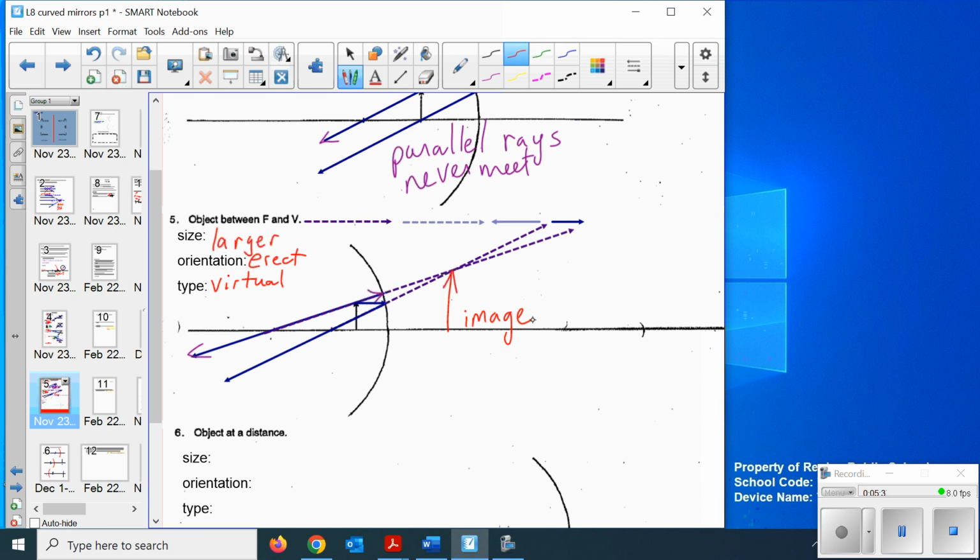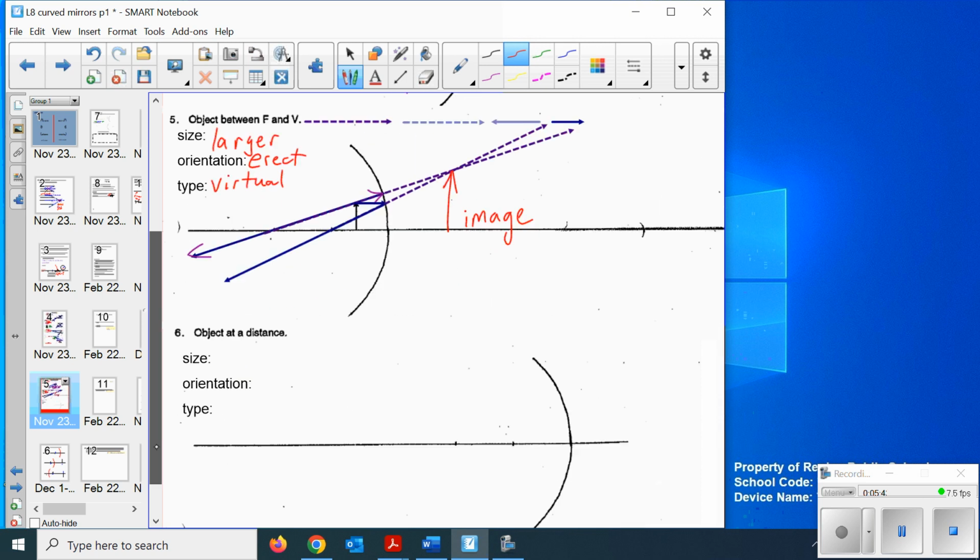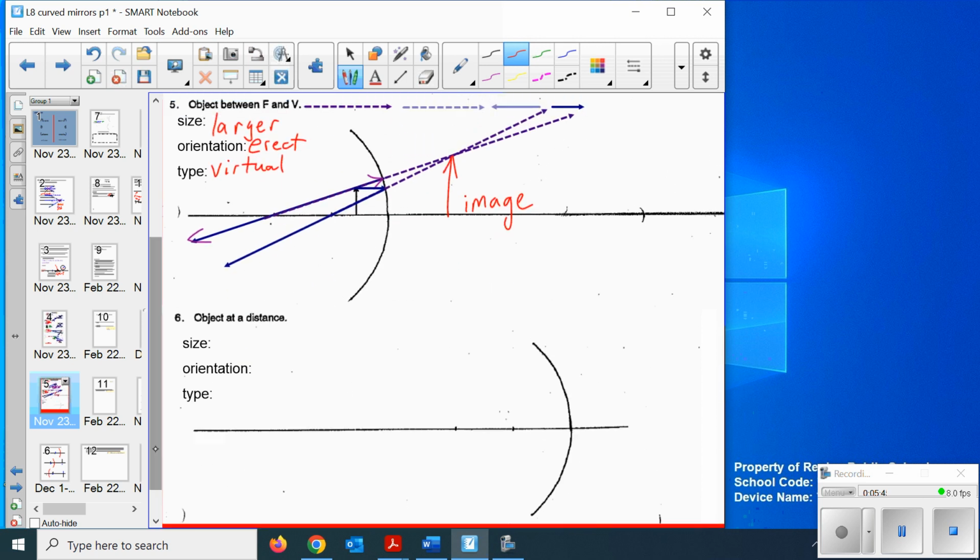Okay. So this is what we've seen. Object at a distance. Now this one is hard to do. But you have something really far away. So the sun is super far away.